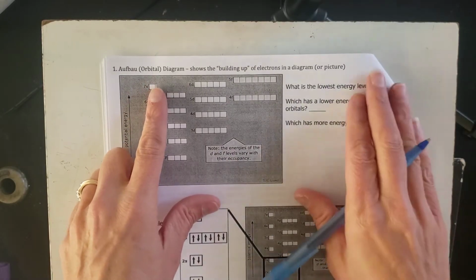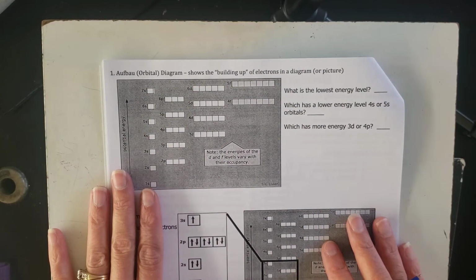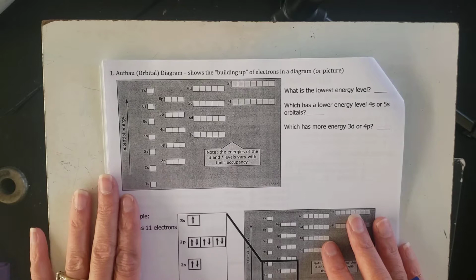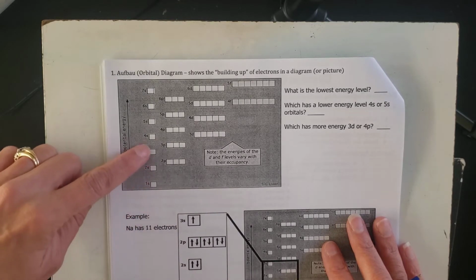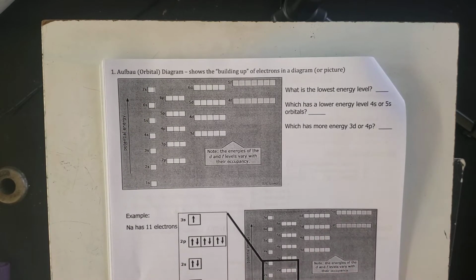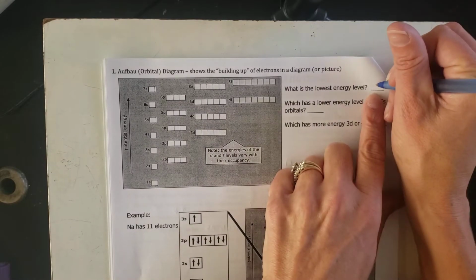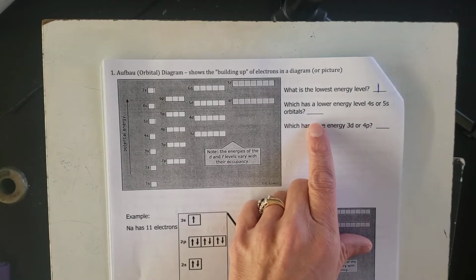So an Aufbau diagram or an orbital diagram is kind of the best picture we have that shows the building up of electrons in a diagram or in a picture format. We put 1s at the bottom and we show how the potential energy increases as electrons move farther from the nucleus and into higher energy sublevels. So the lowest energy level available is the first energy level. That is the one closest to the nucleus.